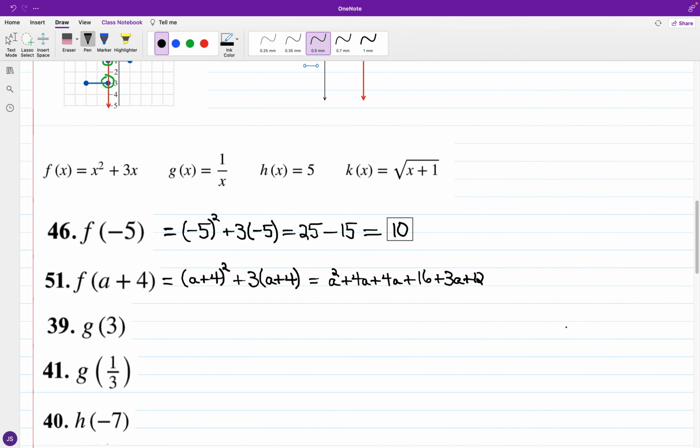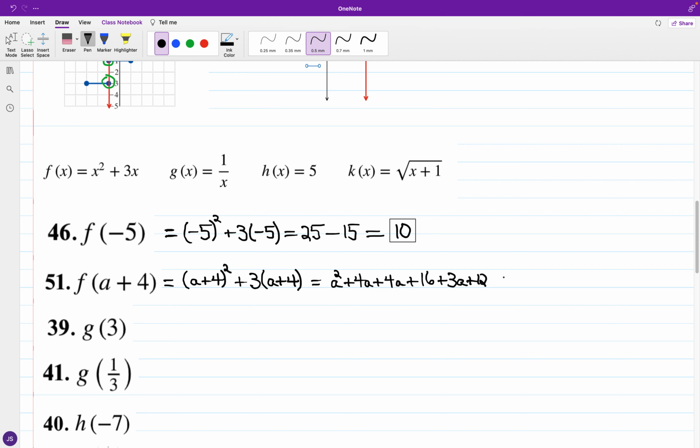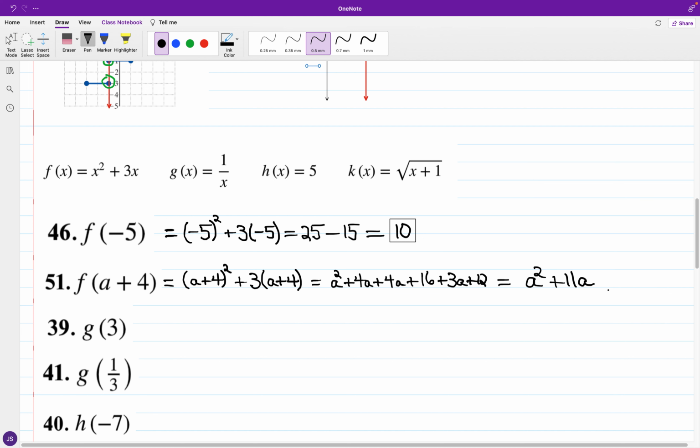Looking at combining like terms, you have a squared as the only second degree term in a that exists. For the first order a terms, we have 4a plus 4a is 8a, then 8a plus 3a will make 11a. For the constants, we have 16 plus 12, and so that will make 28.